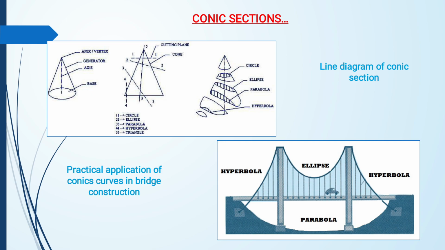Here, both sides of the bridge produce a hyperbolic curve. Then the center part of the bridge is given an elliptical curve. Then the total arc of the underground is a parabolic section. Without this basic knowledge of ellipse, parabola and hyperbolic curves, we cannot understand bridge construction.